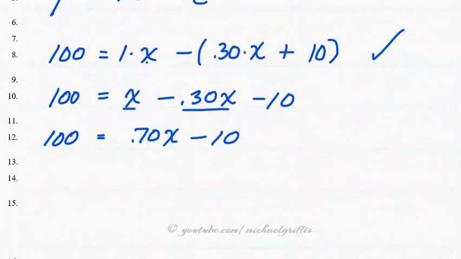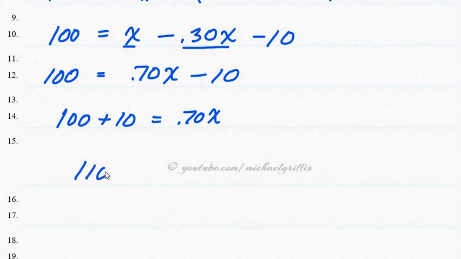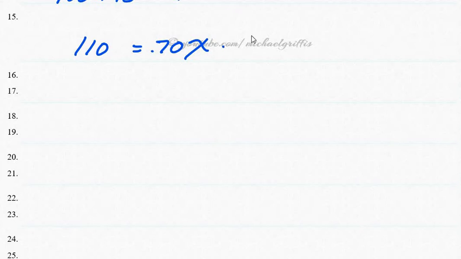Now let's go ahead and add 10 to both sides. So this is 110 is equal to 0.70x. Multiply both sides by 1 over 0.70.